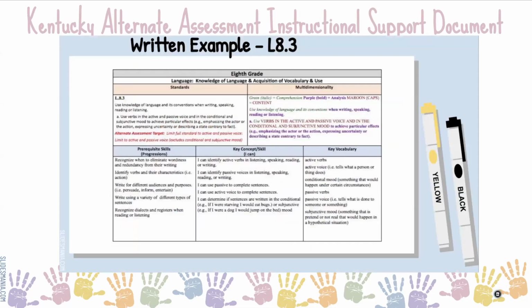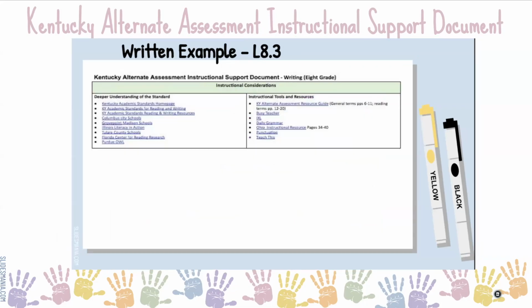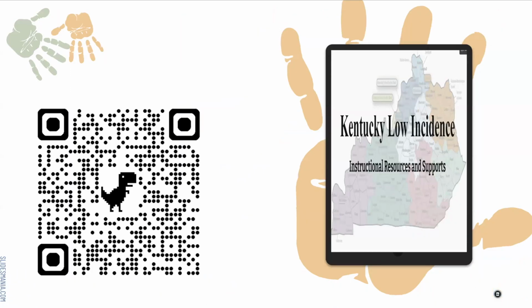Writing is written the same way. I won't go through it, I just wanted to show you that it is laid out the exact same way. And that's the bottom piece of the writing. I just took two on that.